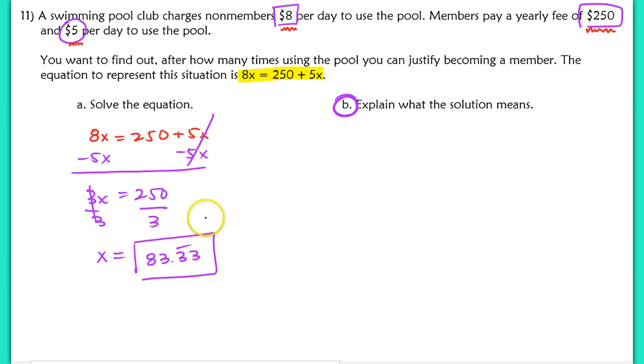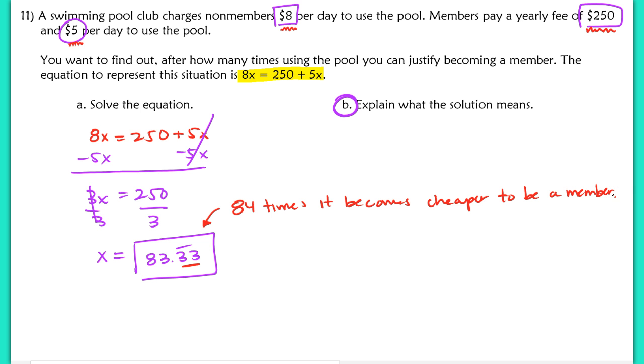Well, what this is saying here, this 83.33, since we can't go 83.33 times, I am going to round this up. At 84 times, it becomes cheaper to be a member. Because on the 84th time that you go to the pool, you're paying a little bit less than somebody who's gone 84 times who's a non-member.